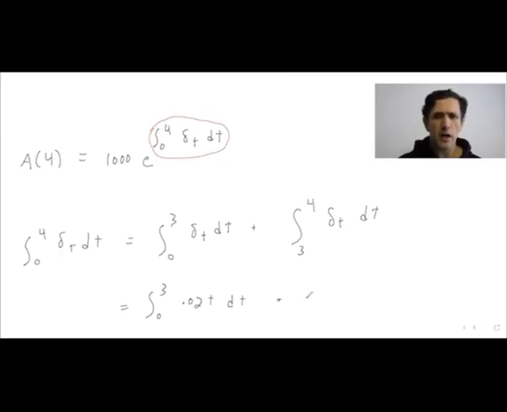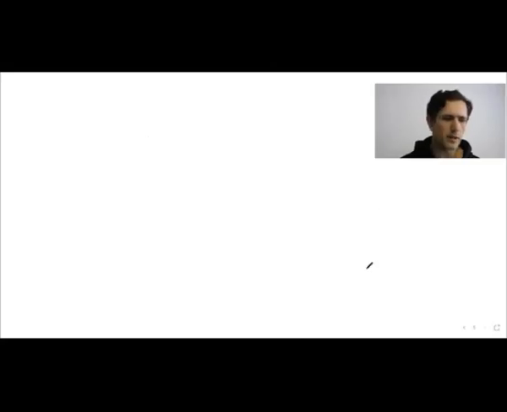And after 3 years, we're given, it's a really bad looking integral sign, we're given that delta t is 0.045. Okay, so, right, so this is very simple.